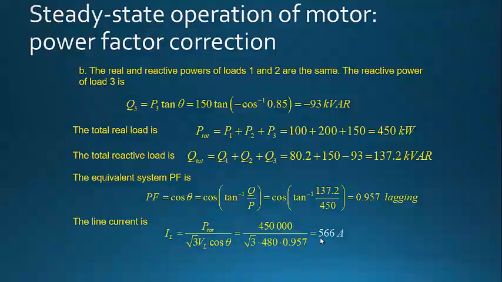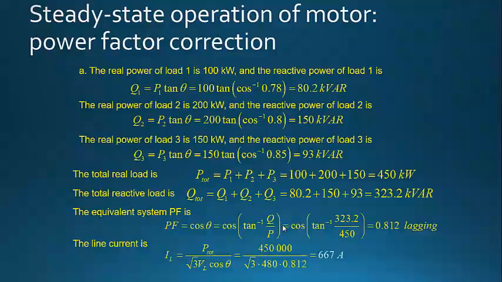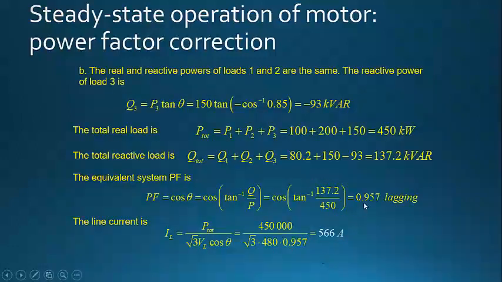We can also make another deduction here. In this scenario, we have a current of 566 amps. The previous one, we had 667. So if the machine is operating at a lagging power factor, which resulted in this particular overall power factor, we have a higher line current than when the power factor was improved.